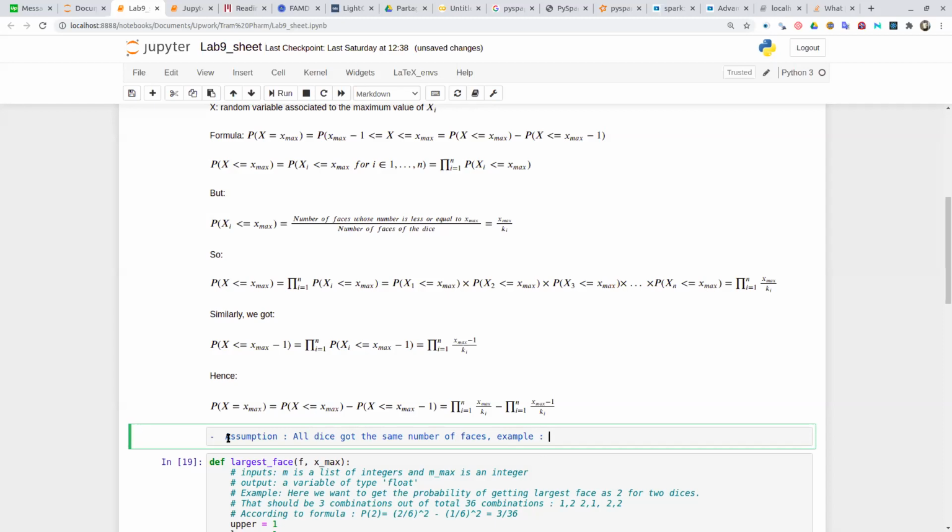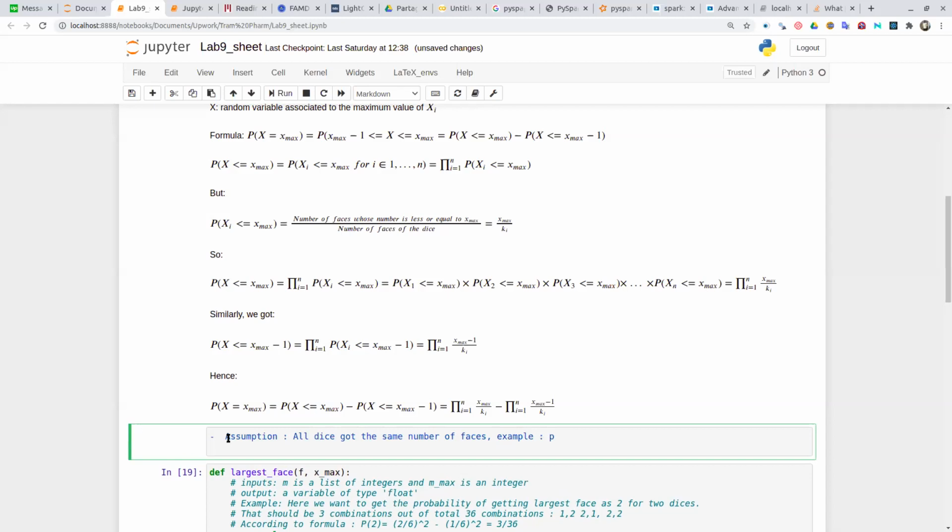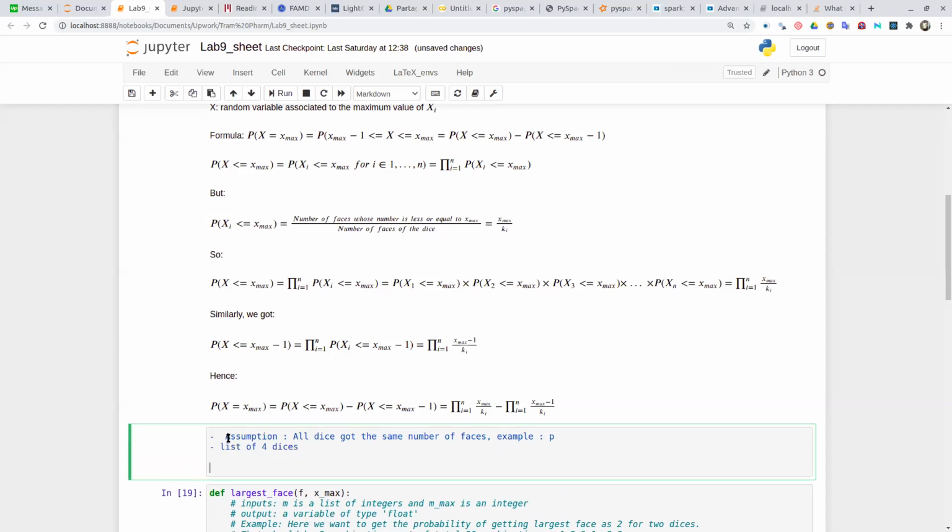Assume that we got P faces. Each die has P faces. We take the example of a list of 4 dice. We make that product.